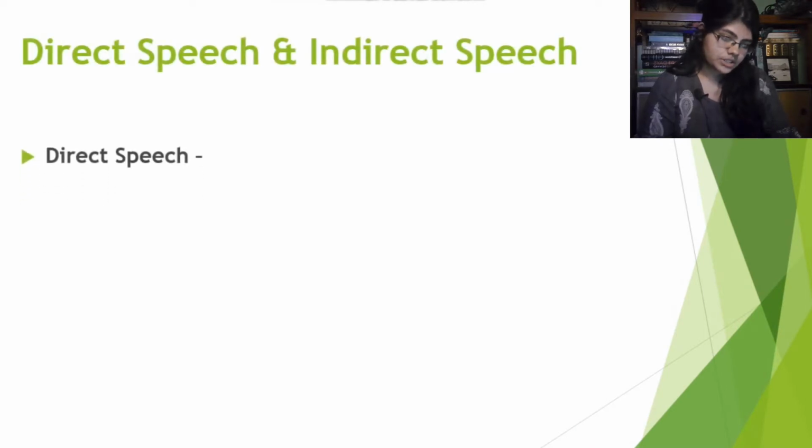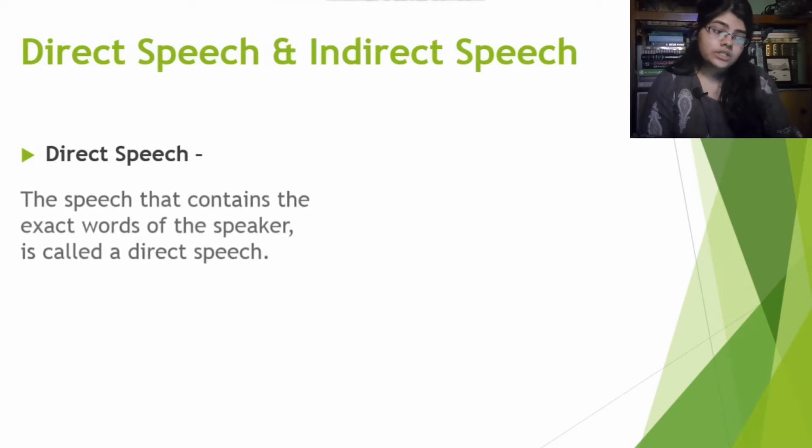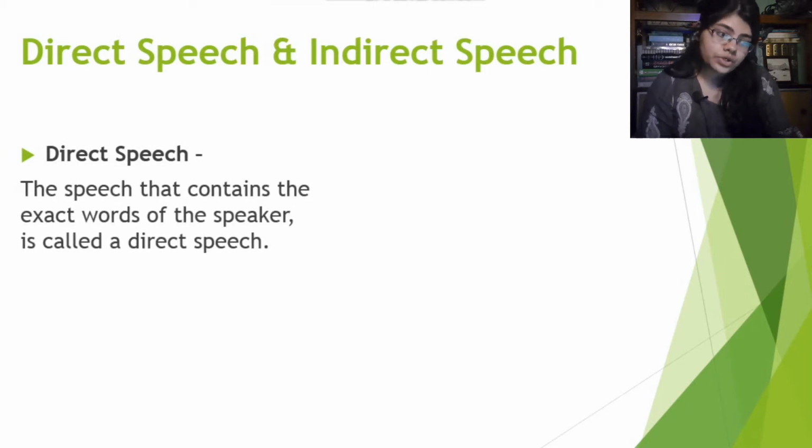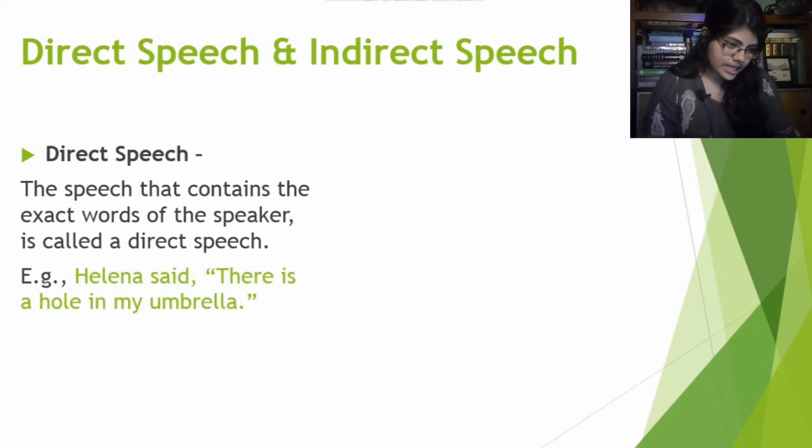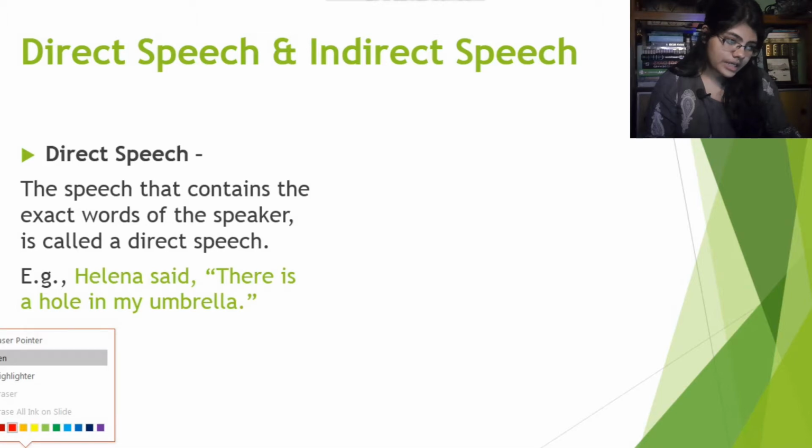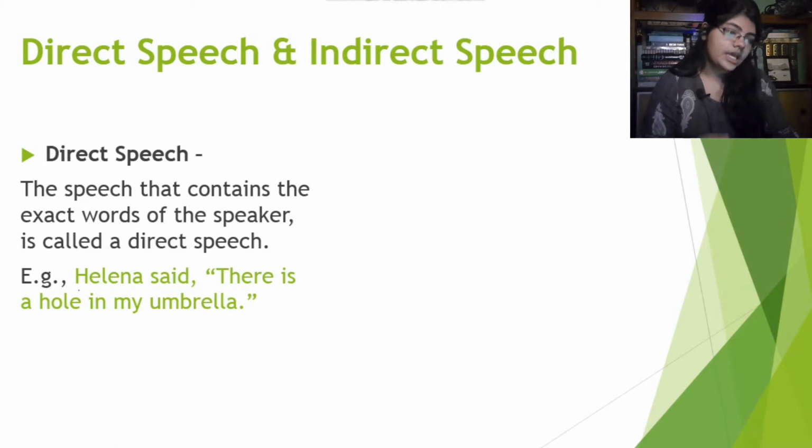Direct speech. The speech that contains the exact words of the speaker is called direct speech. Let me give you an example. Helena said, "There is a hole in my umbrella." Here you can say that Helena is saying something. What is she saying?